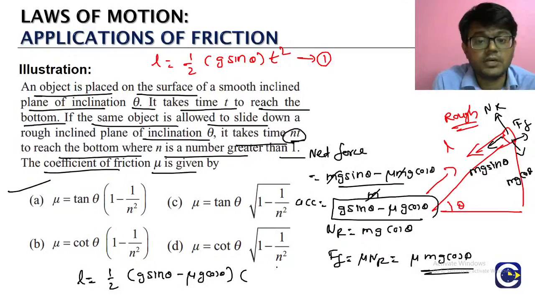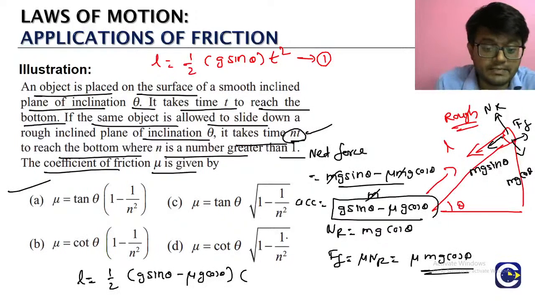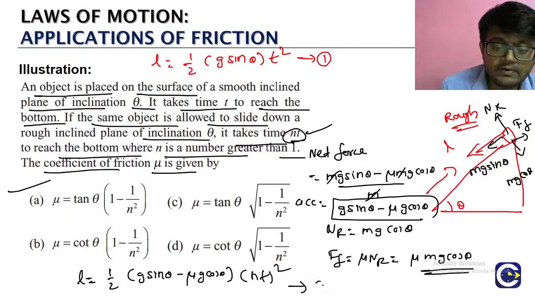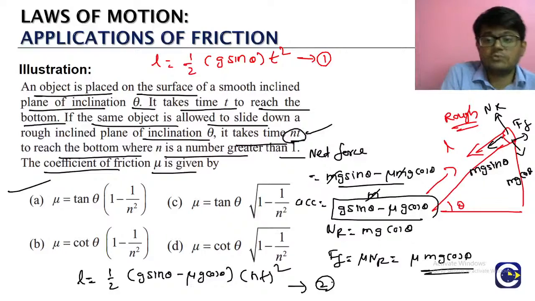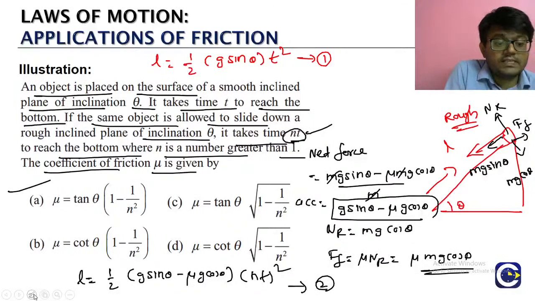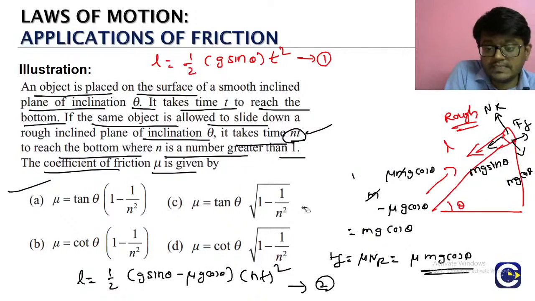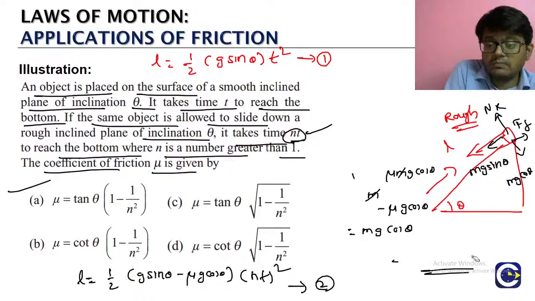Here the time, in the second case, we are saying the time is nt, right? Means we'll have nt square. Let us call it our equation 2. So we have two equations here. First equation is coming from the motion of the block on the smooth plane. Second equation is coming from the motion of the block on the rough plane.